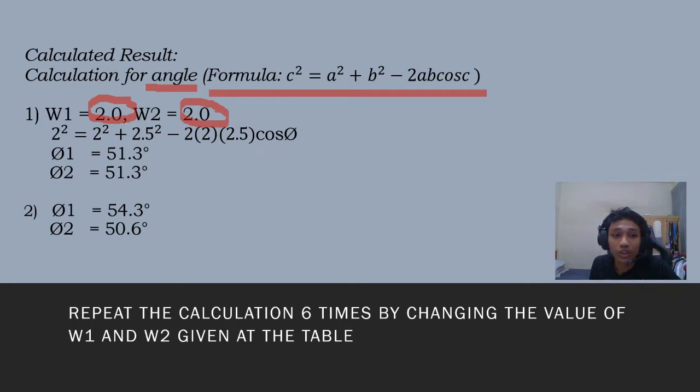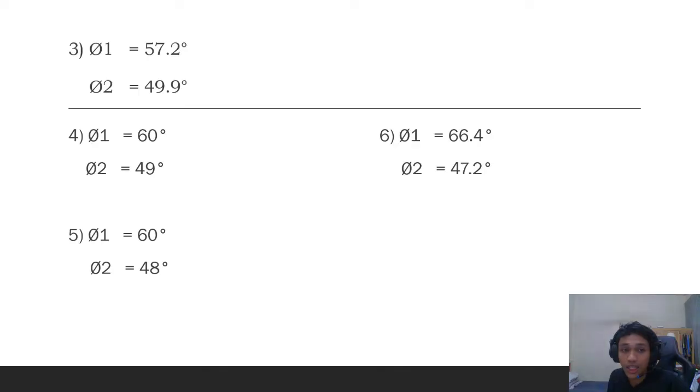We continue doing the same thing for the other readings. We repeat the calculation 6 times by changing the values of W1 and W2 given in the experimental table. So we just continue and get the answers.